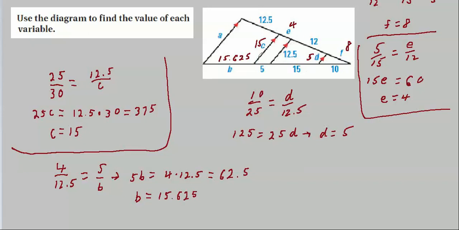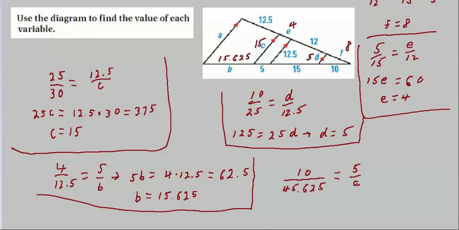We could use any one of these to find A. So let's draw a little line off here and make sure we don't get our equations confused. And we'll take the whole thing. What the heck? Let's use this side just for fun.